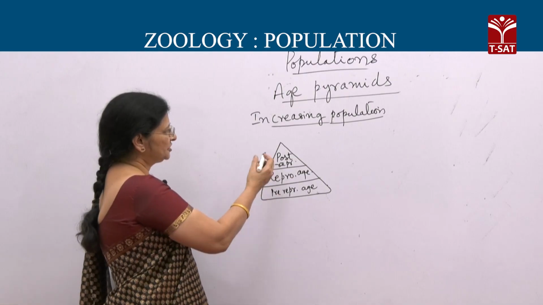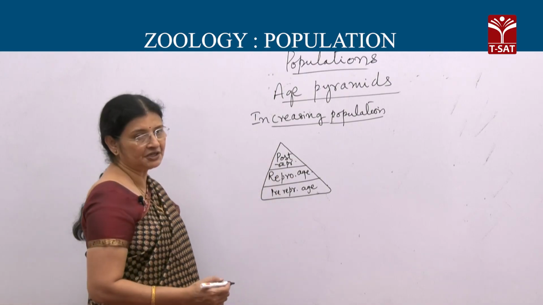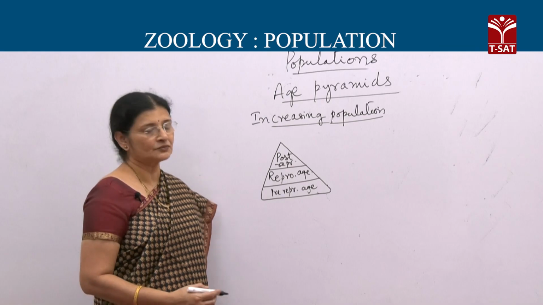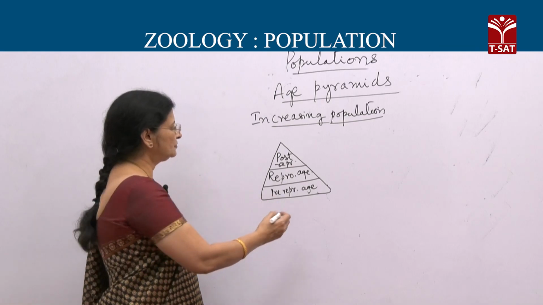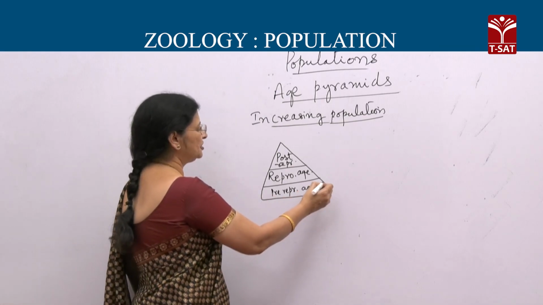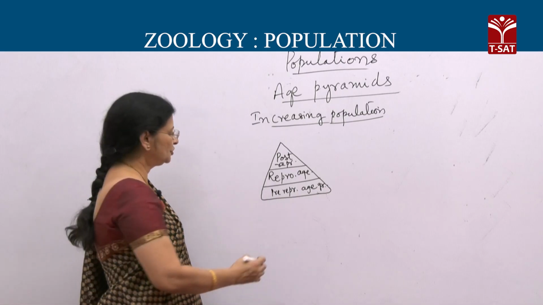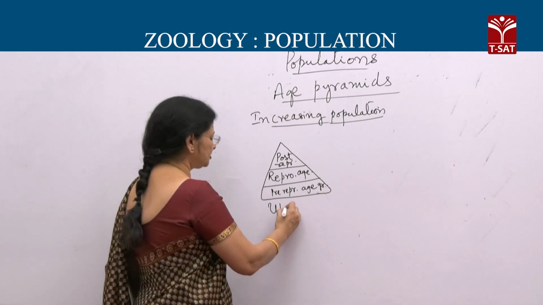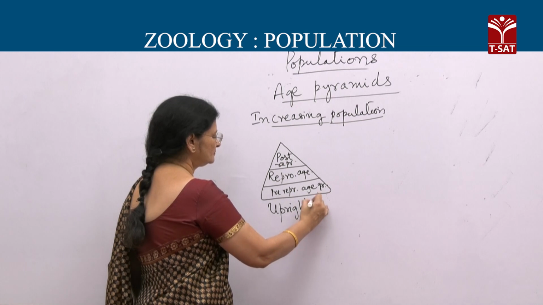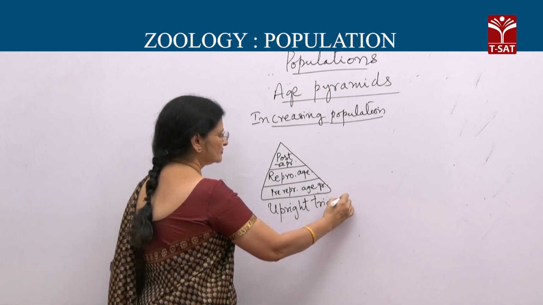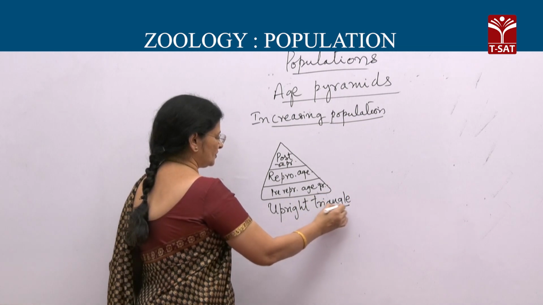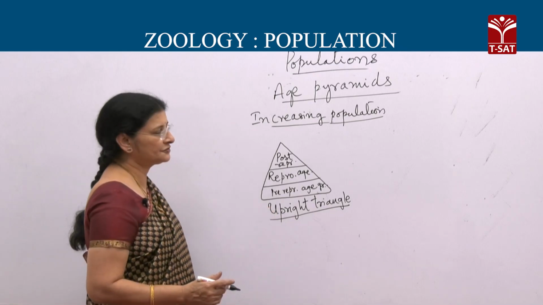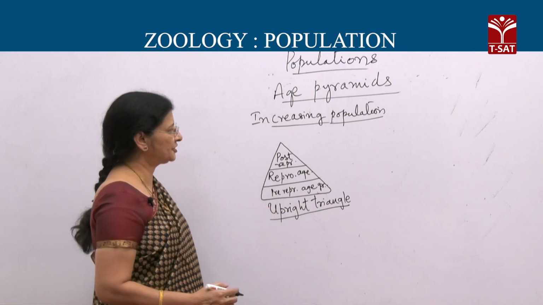Because in an increasing population, natality will definitely be more, so the pre-reproductive age group, that is young individuals, is larger. So you get an upright triangle shape of pyramid for an increasing population.